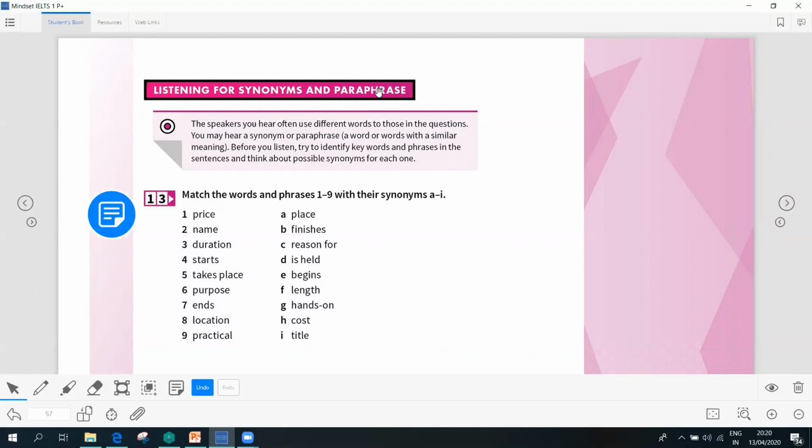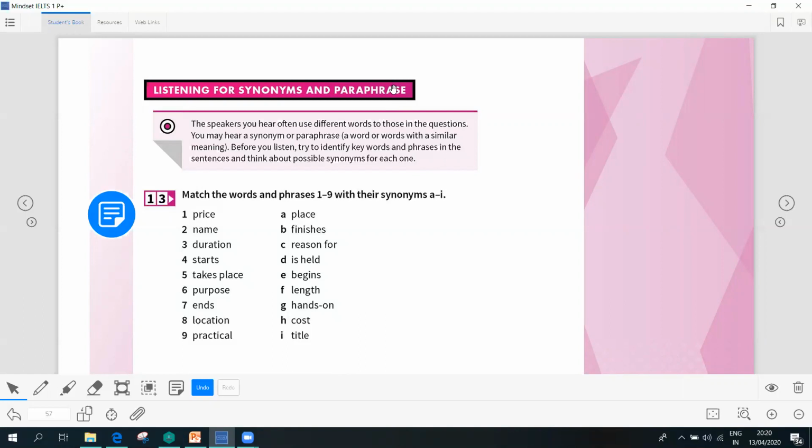That's a paraphrase. You already know this. Why are synonyms and paraphrases important in listening? Sometimes the words in the sentence or the question in the sentence completion task may not be the same as the words used by the speaker in the conversation. The words in the sentence itself, in the question, could be a synonym or a paraphrase.